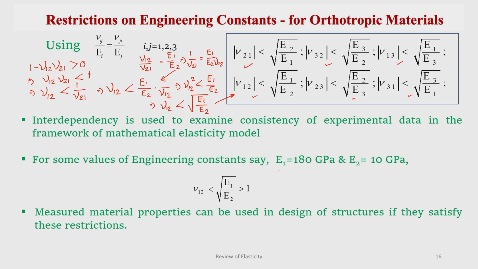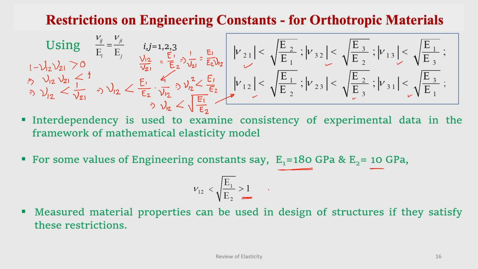Again, one important thing: suppose for an orthotropic material, Young's modulus along direction 1 is 180 GPa and Young's modulus along direction 2 is 10 GPa. It is possible. This is a typical example for a unidirectional graphite epoxy lamina. Then you can see that the bound on nu12, under root E1 by E2, could actually be greater than 1.